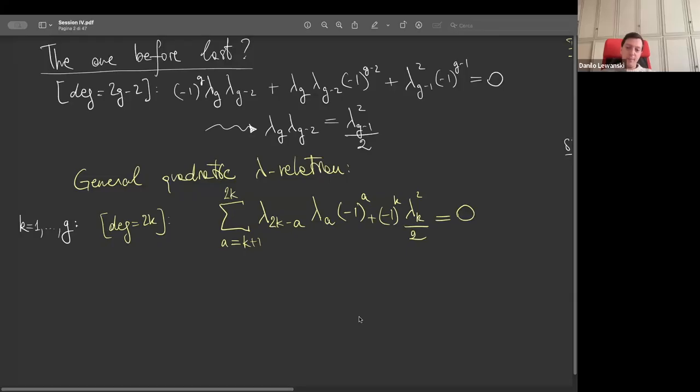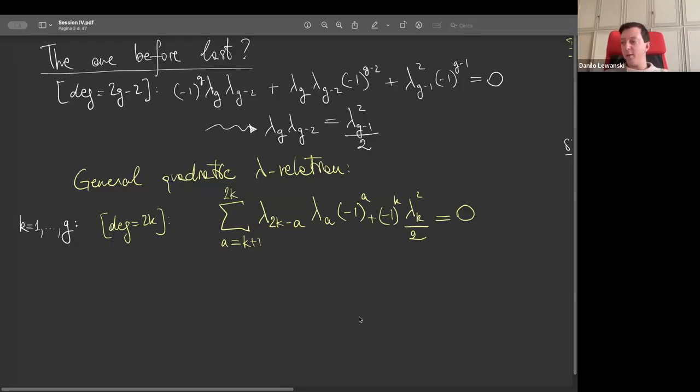There are several other tricks from geometry, from either tropical geometry or some other sources of geometry, that allow you to compute in closed form some of these Hodge integrals. Their closed formula is still open in general. We know how to compute Hodge integrals by using all the tricks that I showed you.